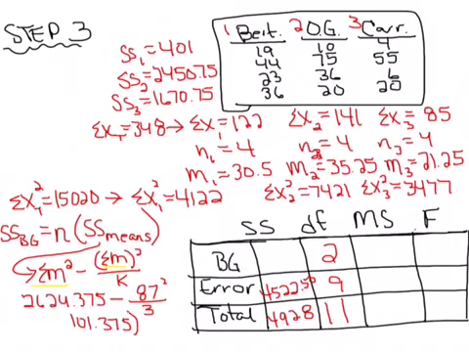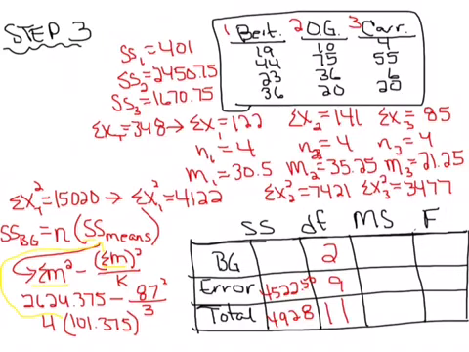Now I just put parentheses around it because that is showing me that this right here is fulfilling this. So we need to plug in our n to multiply that. So our n is 4 right here. So we're going to multiply the 101.375 times 4 to get our sums of square between groups.